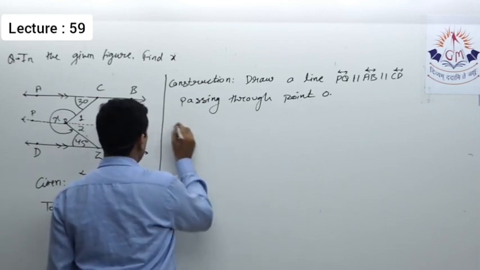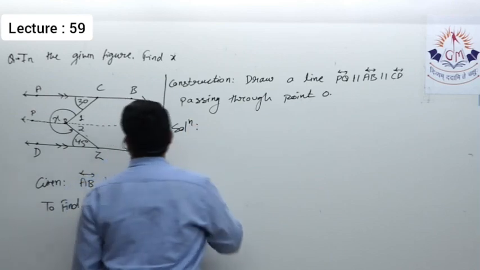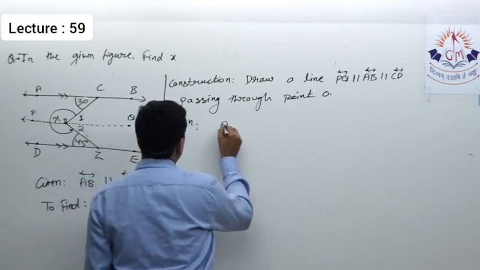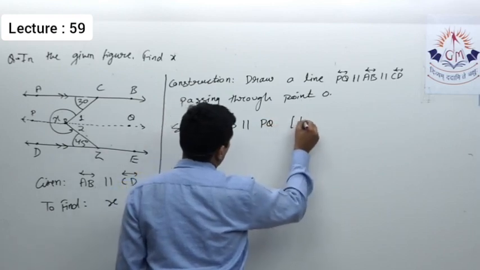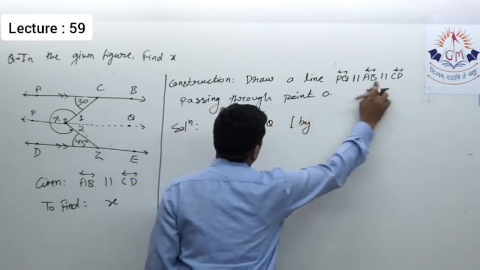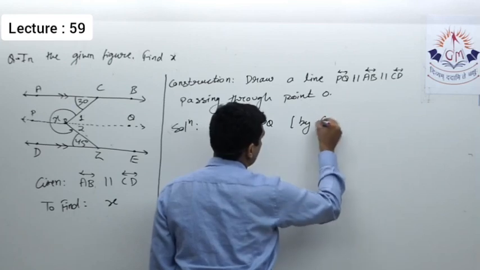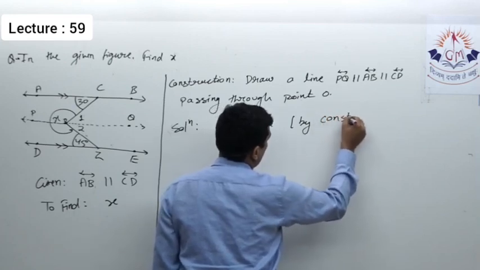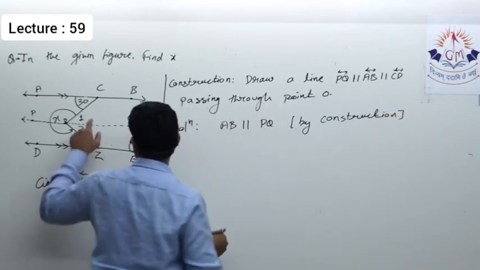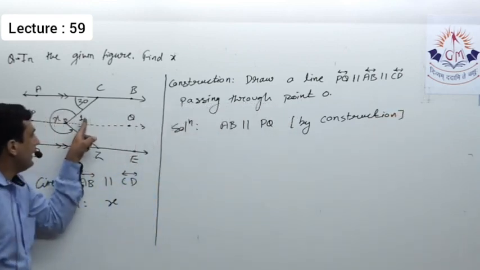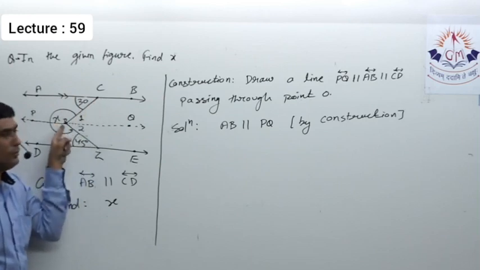So now we'll see its solution. AB parallel PQ, why? By construction. AB parallel PQ is part of the construction. When AB is parallel to PQ, then I can say angle 1 is equal to angle ACO.